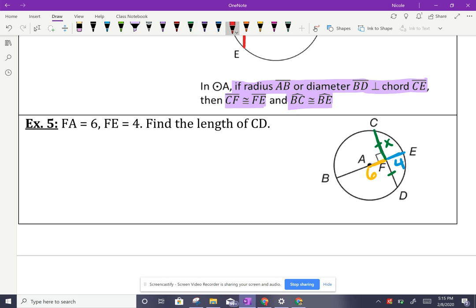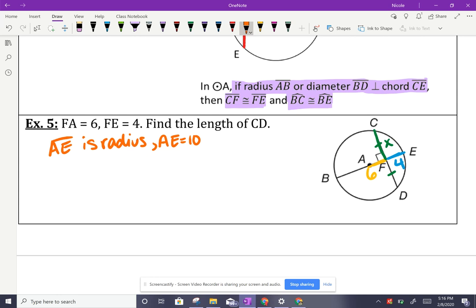Now what we have to keep in mind is that AE is the radius. The whole thing from A to E is the radius. So AE is equal to 10. If I were to draw another radius, it would be the same amount.